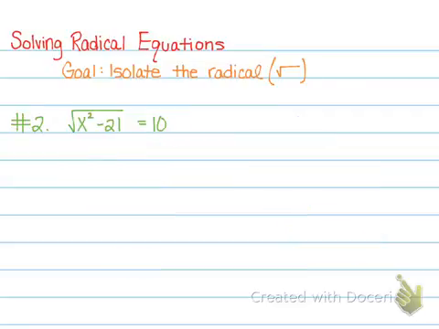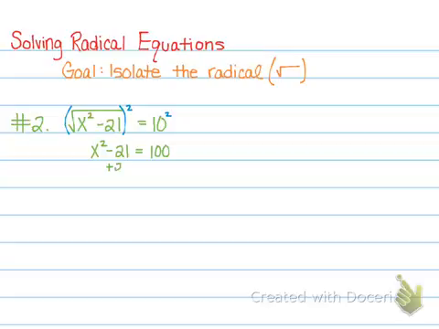So for number 2, our radical is already isolated, so we can start by squaring both sides. And what makes this one different is the fact that we have a quadratic underneath. So I'm left with x squared minus 21, and 10 squared is 100.